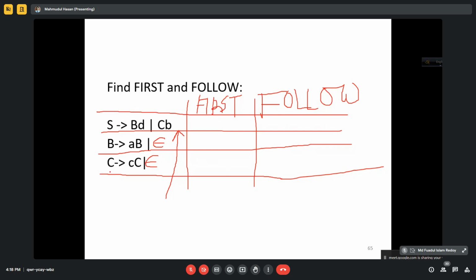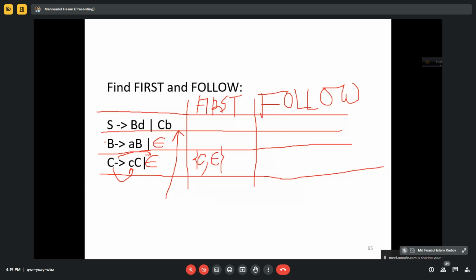So now I am trying to find first of C. C to lowercase c C, and C to epsilon. So this one is terminal, so lowercase c is the first value, and epsilon is also terminal, so epsilon is the first value. Is it? Yes, sir.